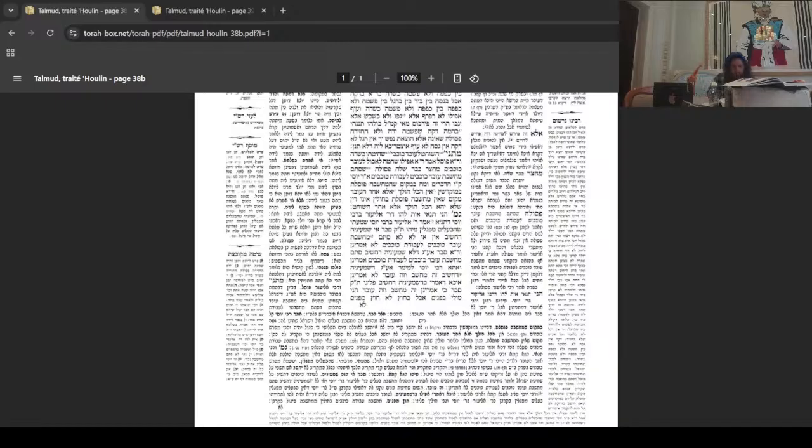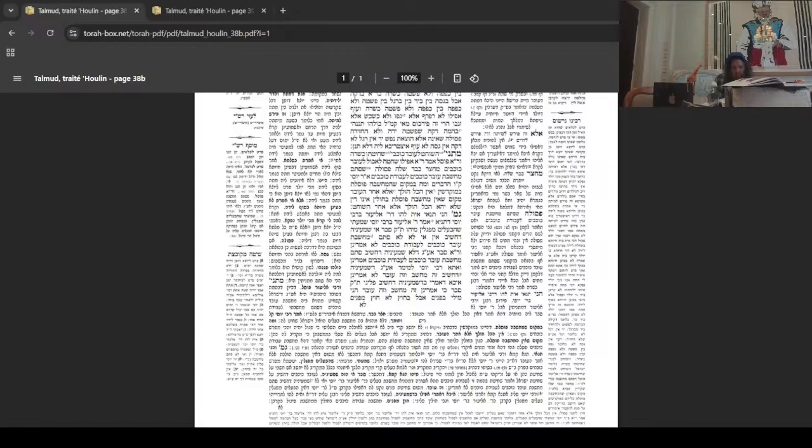Hashochet es habehema lizrok dama la'avodas kochavim. Okay. Hashochet es habehema, slaughtered the animal, lizrok dama la'avodas kochavim. What does that mean? What does that mean? The slaughterer of the animal throws blood to the idol worshippers.